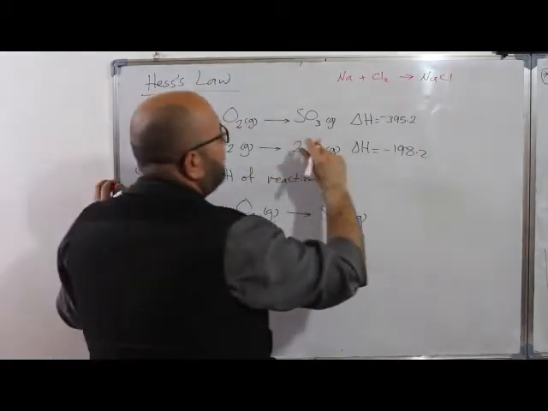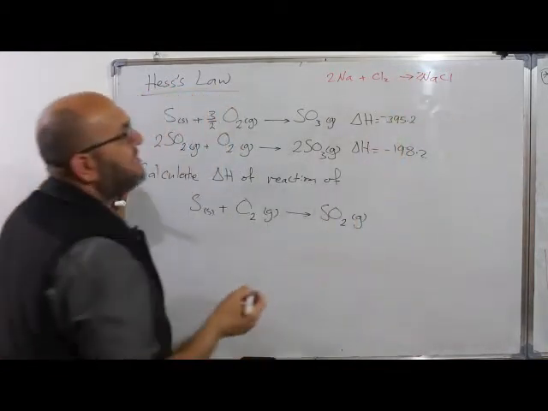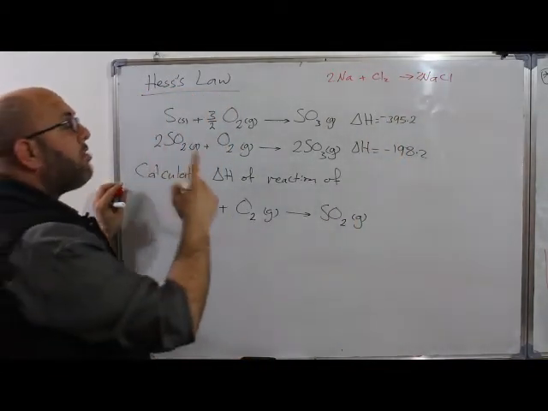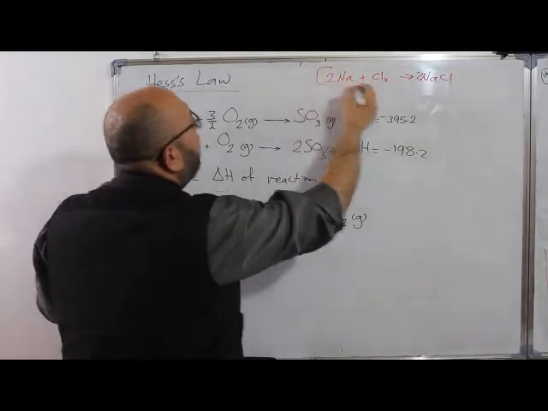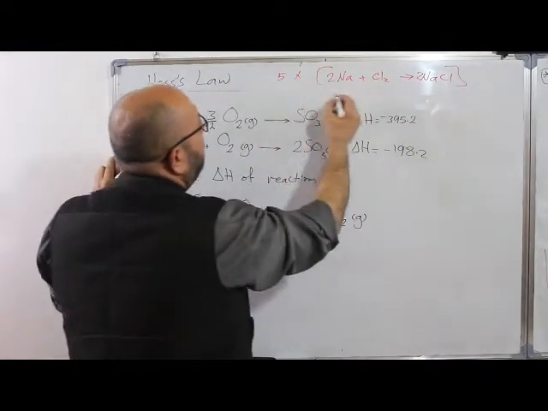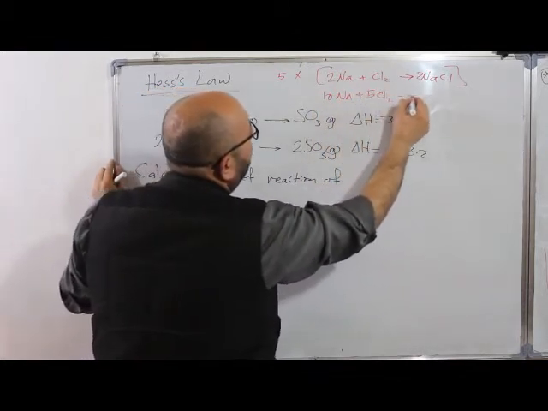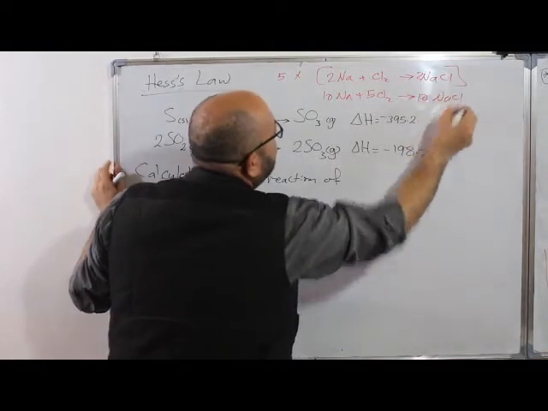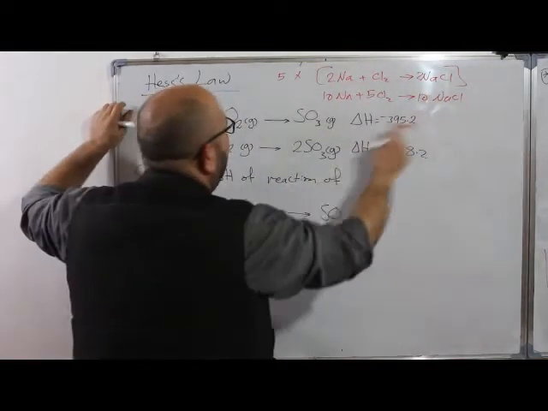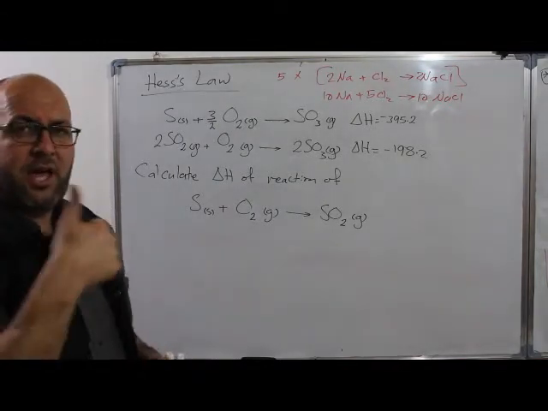If you want to balance it, in general, we said 2 here, 2 there, and it's balanced. Also, you may multiply the whole equation by any factor, like 5, turning it into 10 Na plus 5 Cl2, 10 NaCl. So a chemical equation could simply be treated like a mathematical equation, and that's the first fact.